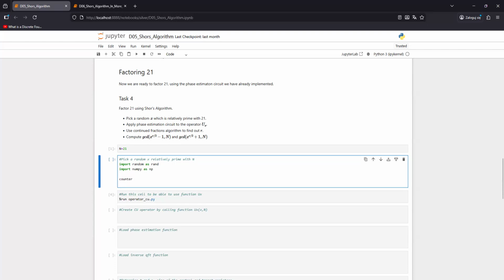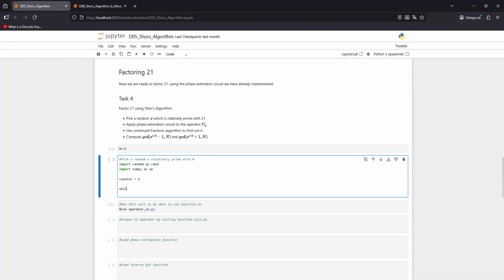So now I will be consistent with the thinking solutions. There is a counter. And now the first step, picking a correct A that does not share a non-trivial divisor with n, will be done inside this loop.